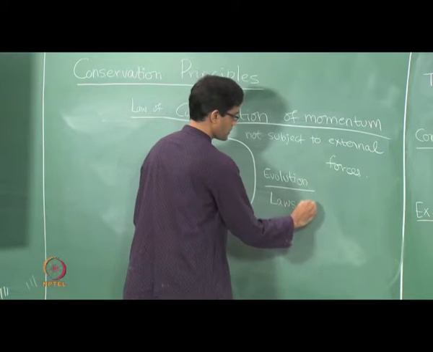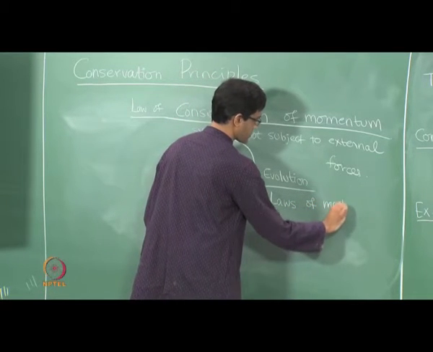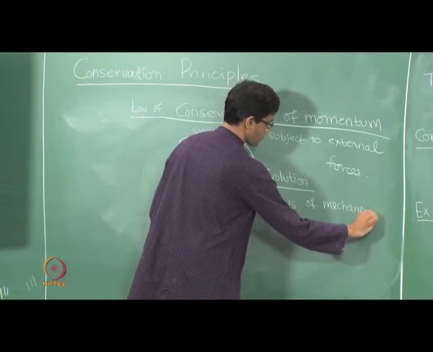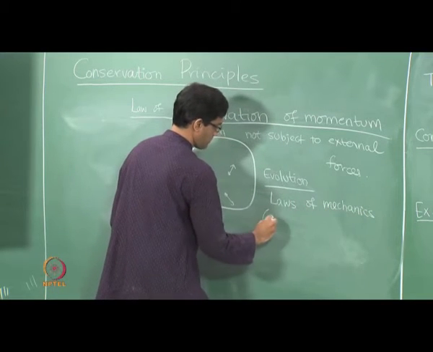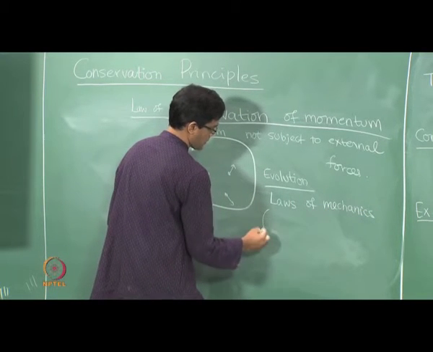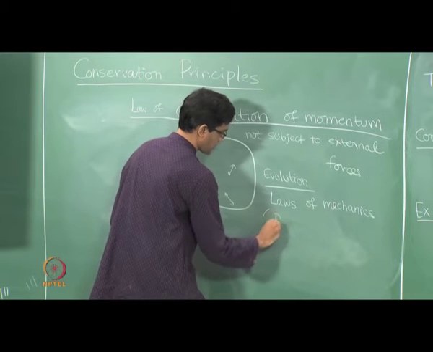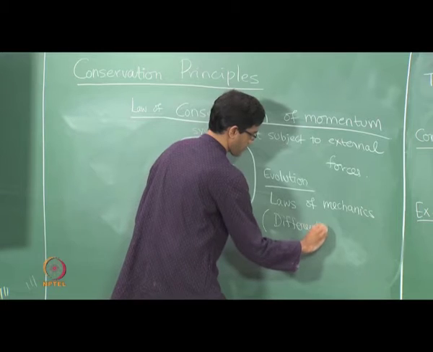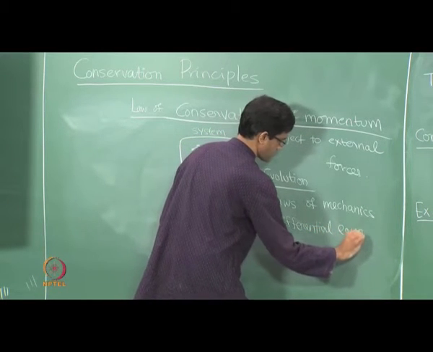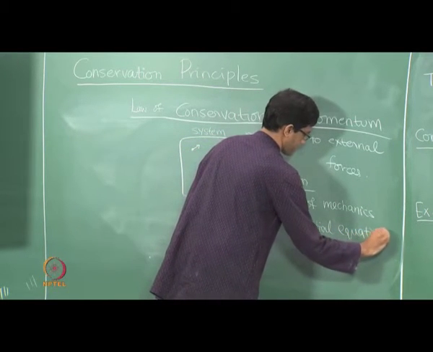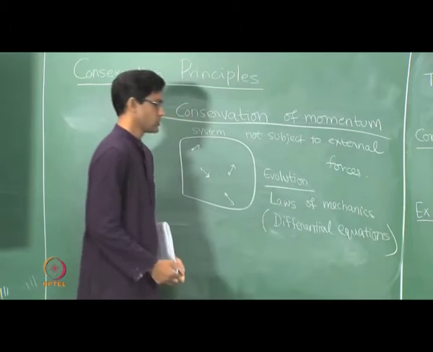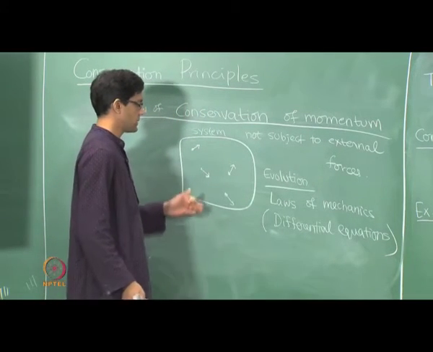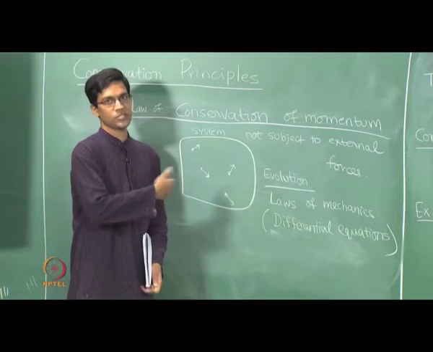So the evolution is by certain laws of mechanics, for instance Newton's laws. But what are these, written out mathematically? Well, these are certain differential equations. These differential equations tell you how the system changes with time.